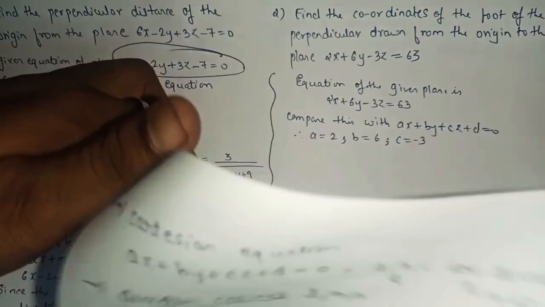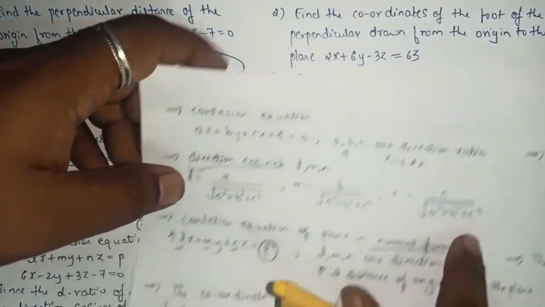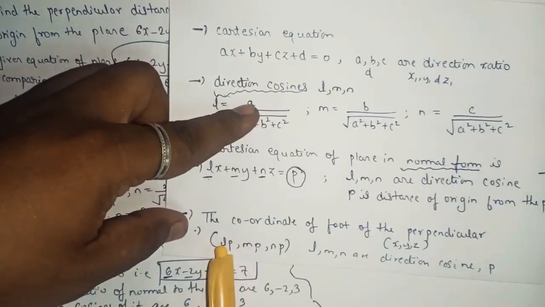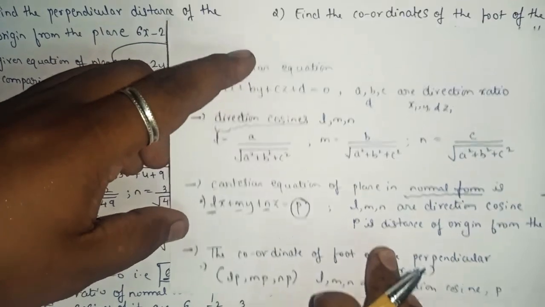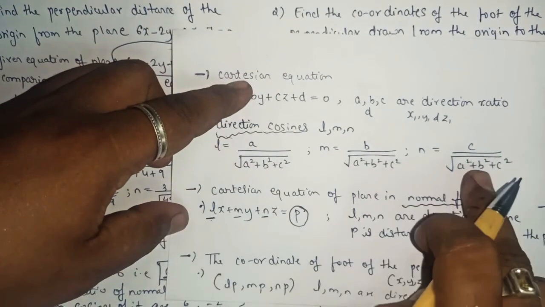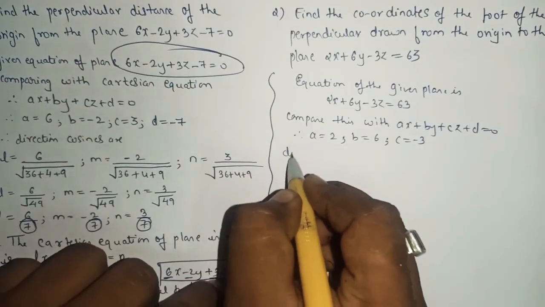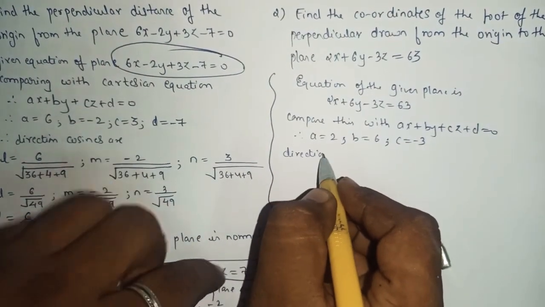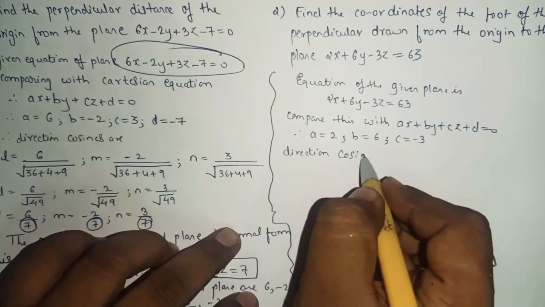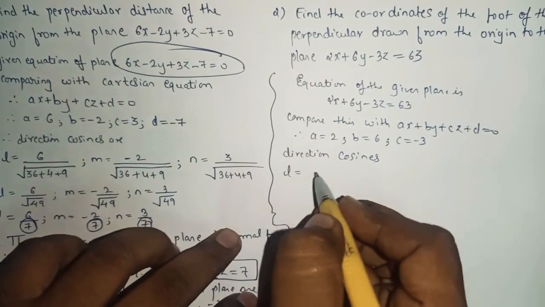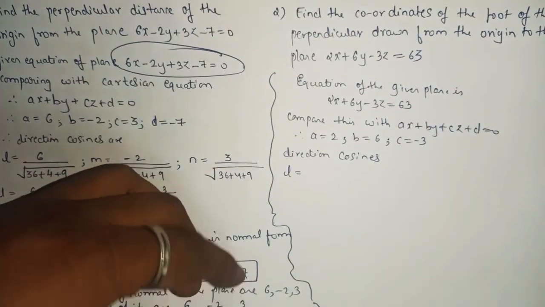To find the coordinates of the foot, of course we require l, m, n, which are the direction cosines. To find the direction cosines we have the formula. So we'll find the direction cosines. So l is what? The formula is what?